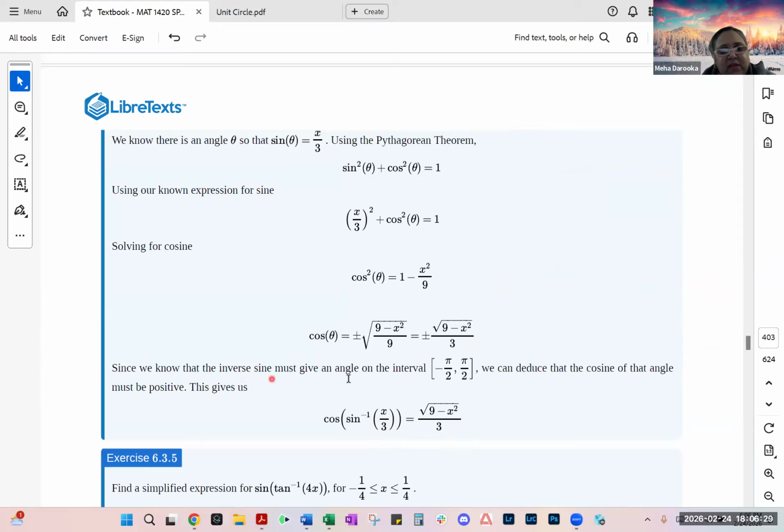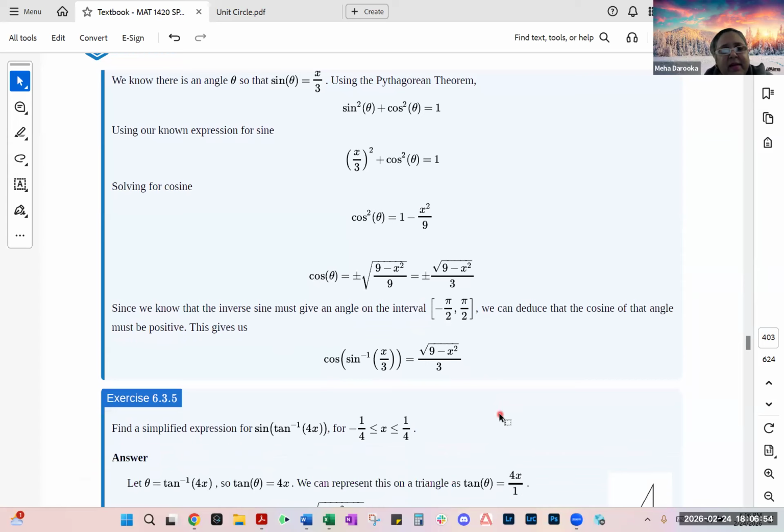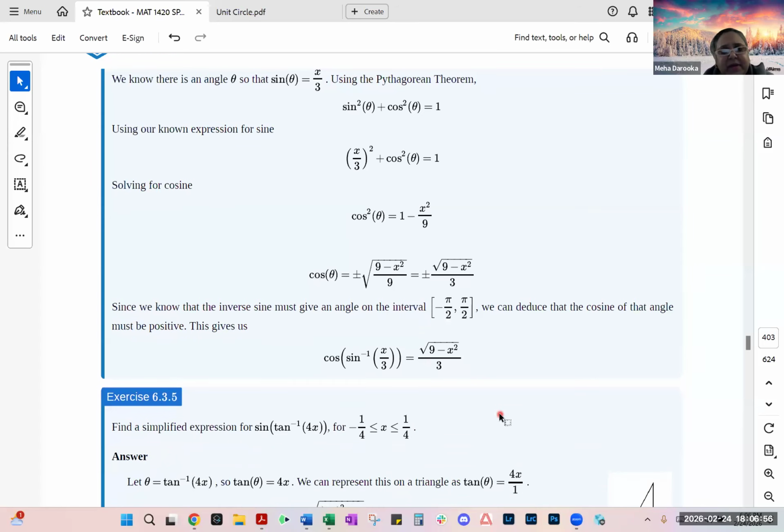Again, we know the sine inverse function must have an angle between negative pi halves and positive pi halves. So just like we saw in the previous example, that tells us the cosine value is actually going to be positive. So drop the negative root and keep the positive one, and you can see the solution comes out to be that positive square root of 9 minus x squared, and then the whole thing divided by 3.